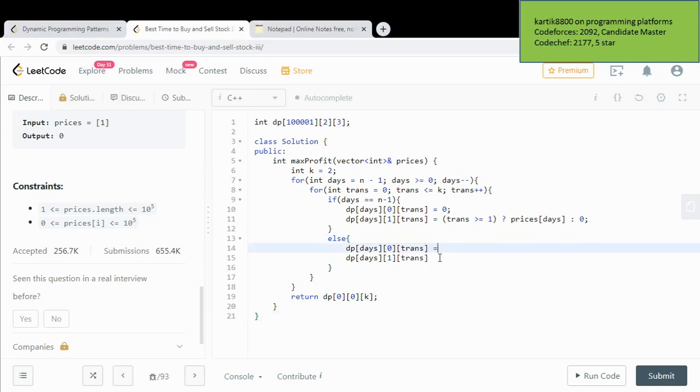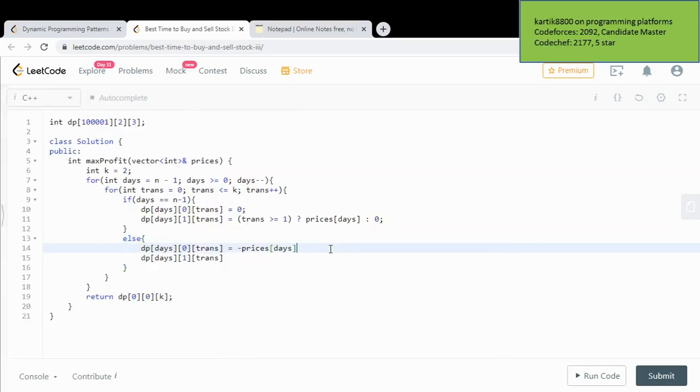So think about this. You don't own a stock right now, right? So you can buy one. Buying one means you're basically spending some money. So prices at days is the price you lose if you buy a stock. Plus, what is the best benefit that you can get starting from the next day onwards, now that you own a stock for the remaining days because you just bought one.